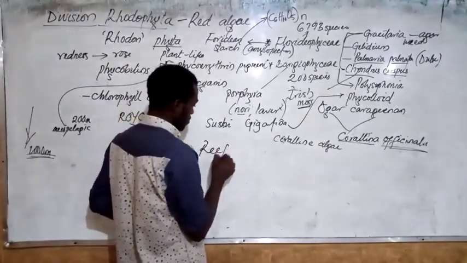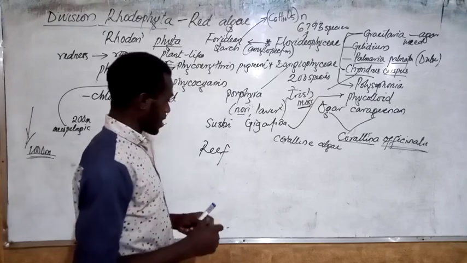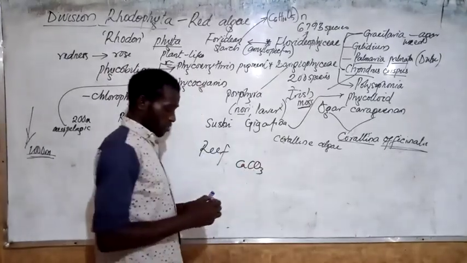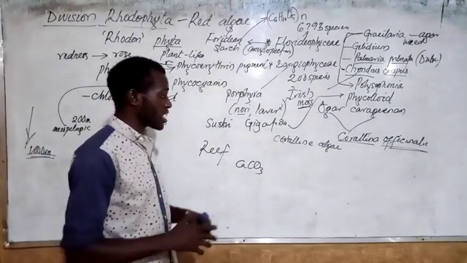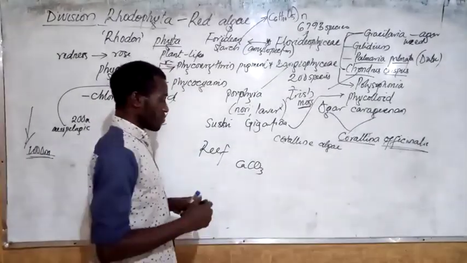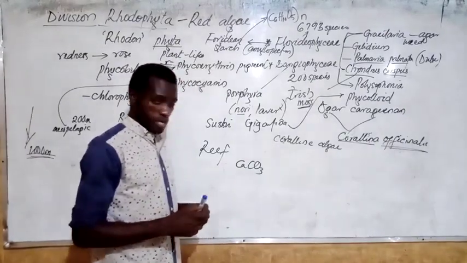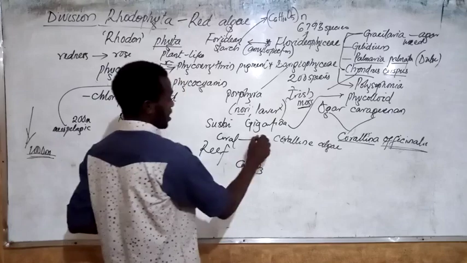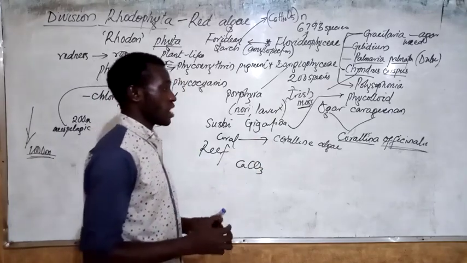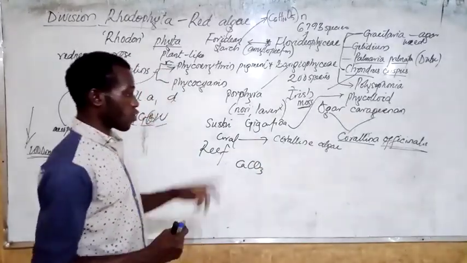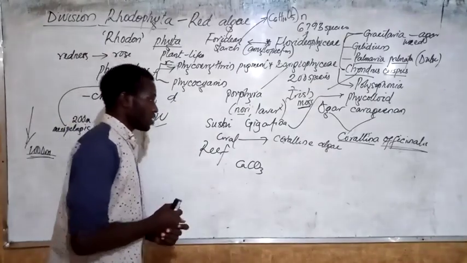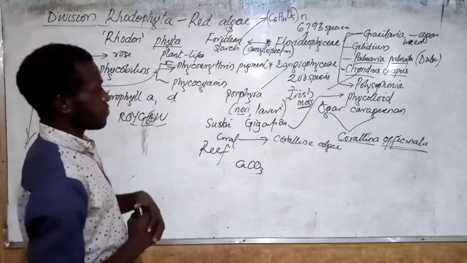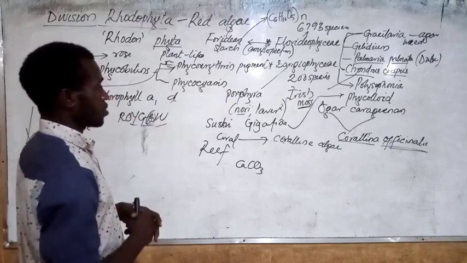In fact, it plays a vital role in the secretion of calcium carbonate. It is known to secrete an even larger percentage of the calcium carbonate that forms the coral reef, more than even the coral polyps themselves. So they form the coral reefs. Hence, the name coralline algae. They are usually red in color when they are found in the coral reef. Alright, so that's basically about their function and the extracts that are gotten from them.